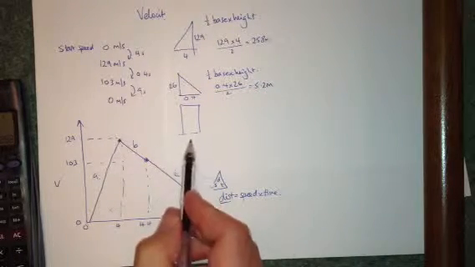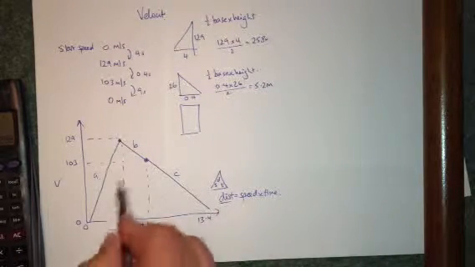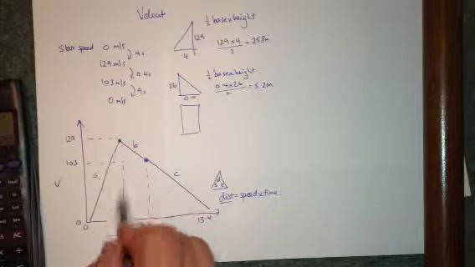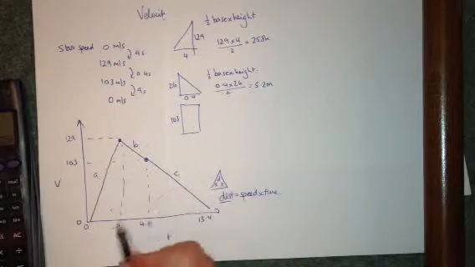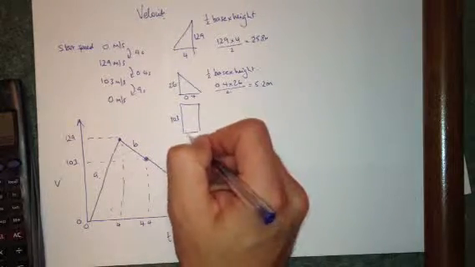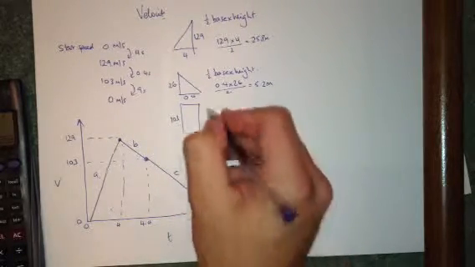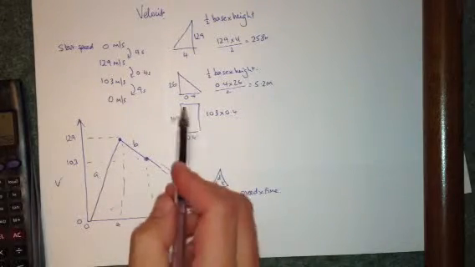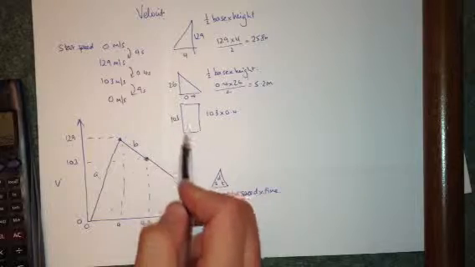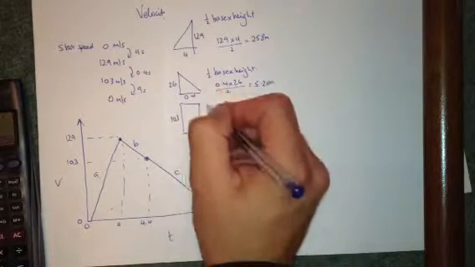The rectangle, so that's this part here now, so I've split it into the 2 shapes. We're looking at the rectangle. The height is 103. The width is still 0.4, same as the one above. So 103 times 0.4. There's no dividing by 2 here, because don't forget the area of a rectangle is just the base times the height.